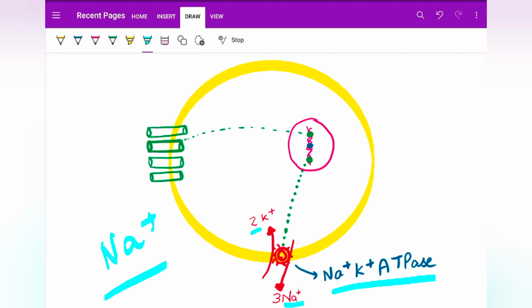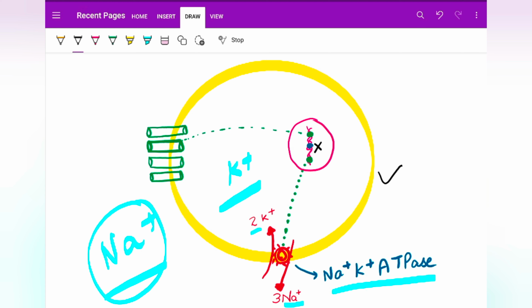Things move along their concentration gradient, that is, from their high concentration to their low concentration. So sodium is trying to come in, and K plus that has been concentrated inside would love to go out along its concentration gradient. But the problem is, this cell does not have sodium channels, because the gene responsible for making those channels is not working here.